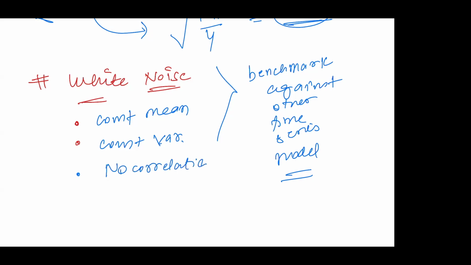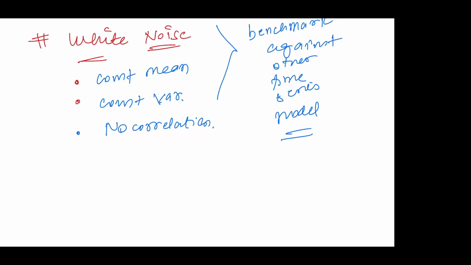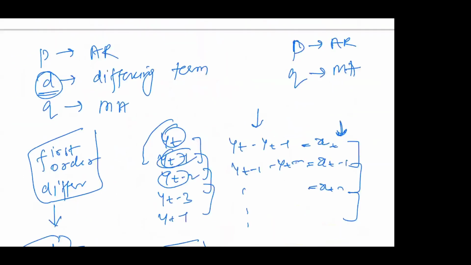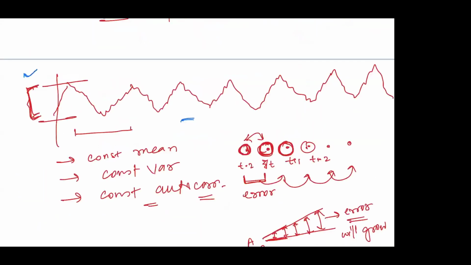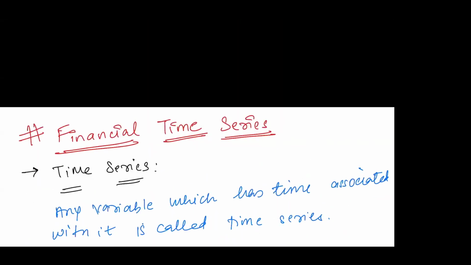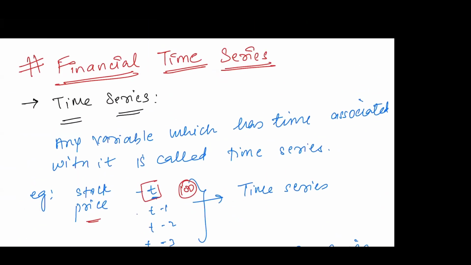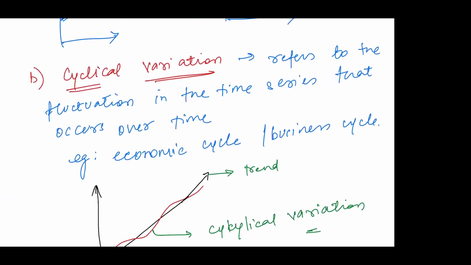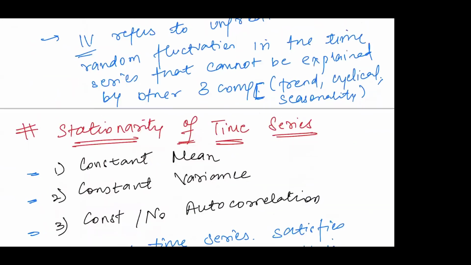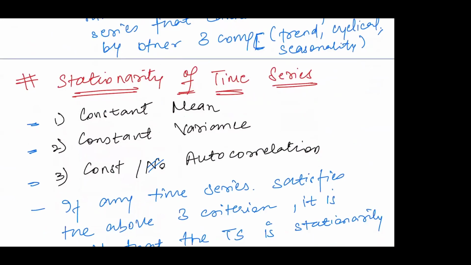So these are three important properties of white noise: constant mean, constant variance, and no correlation. Also, I guess it should be constant autocorrelation. Yeah.